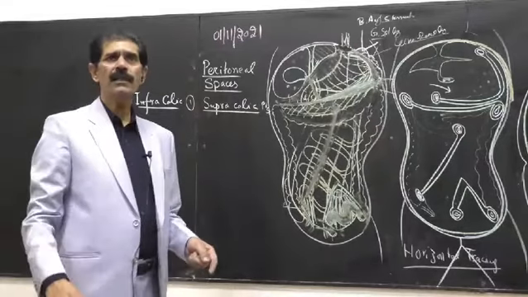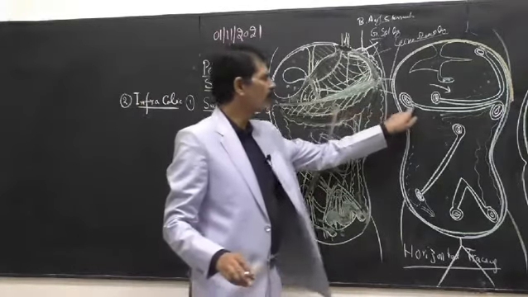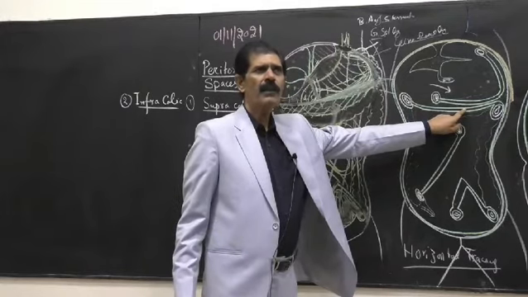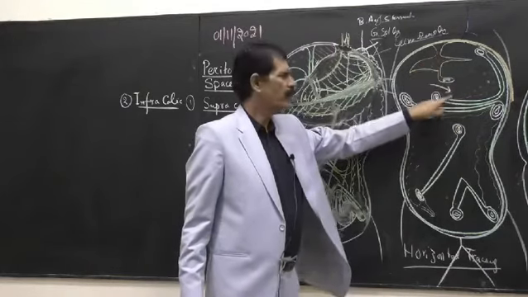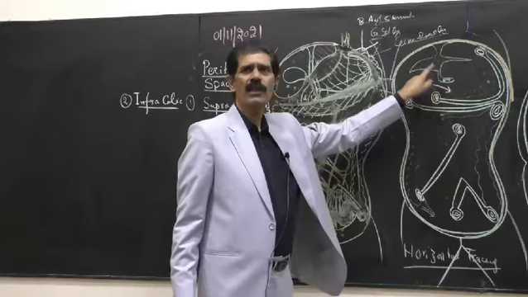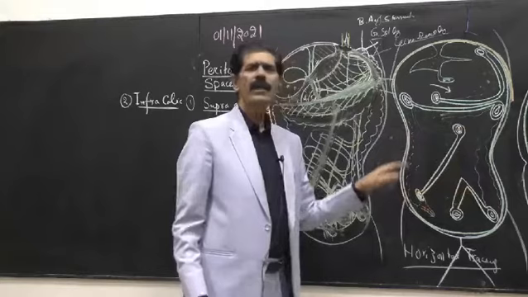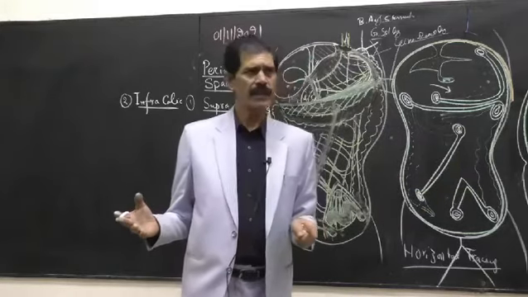Supracolic: colic means transverse mesocolon, and the root of the transverse mesocolon is the base. All the spaces above it are called supracolic spaces. All the spaces below this are infracolic peritoneal spaces.